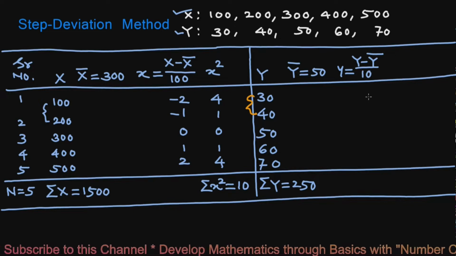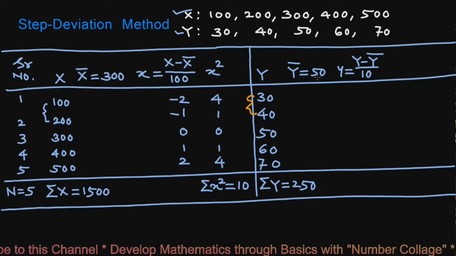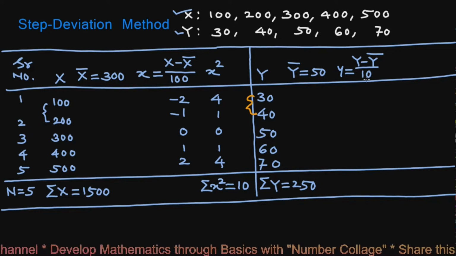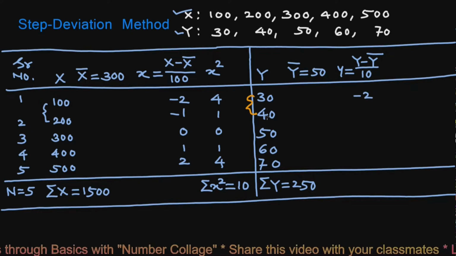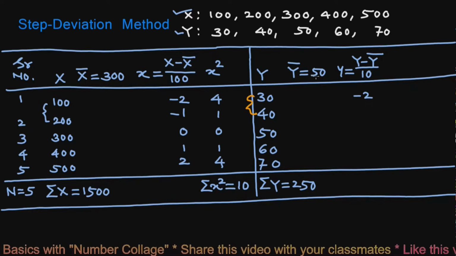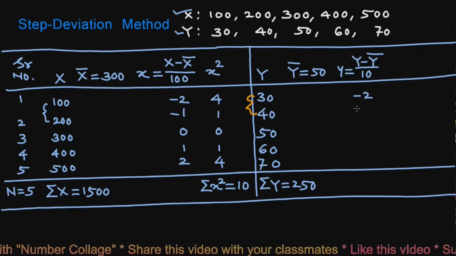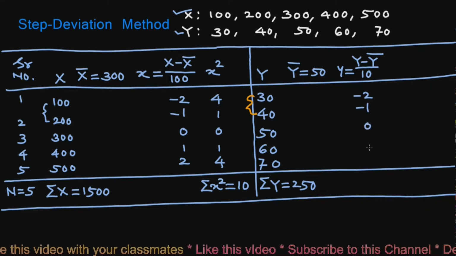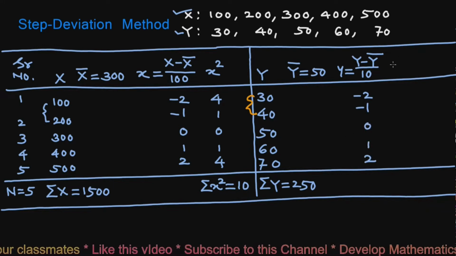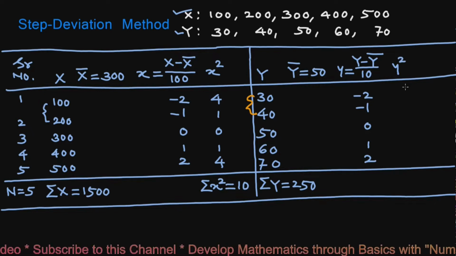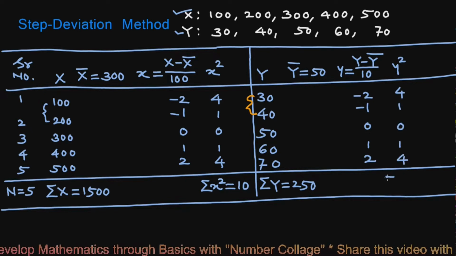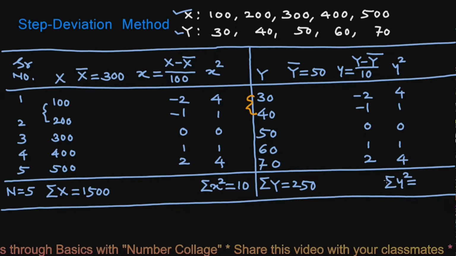So the values of y will be 30 minus 50, minus 20 upon 10, minus 2, 40 minus 50, minus 10 upon 10, minus 1, so on and so forth, 0, 1, 2. Next we write values of y square, that will be 4, and summation of y square will be 10.